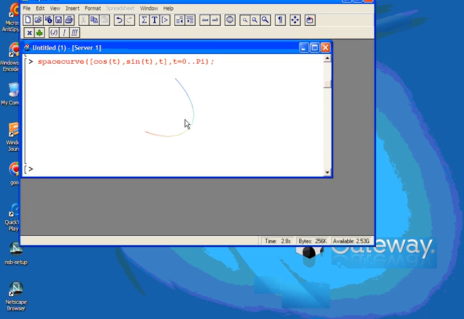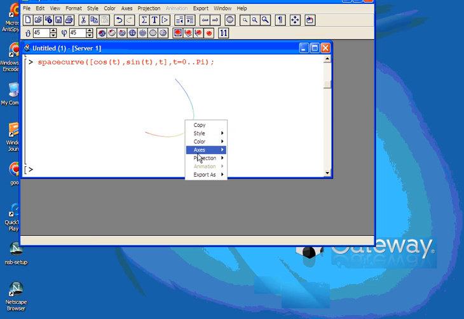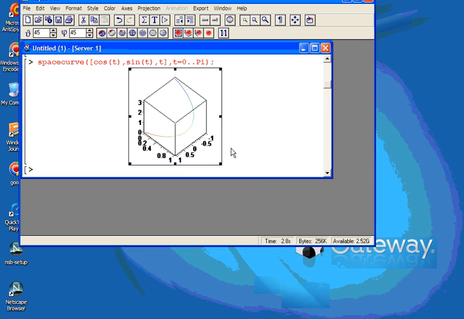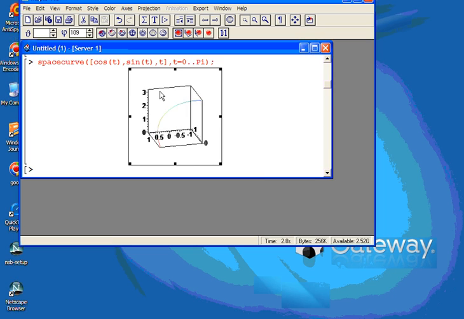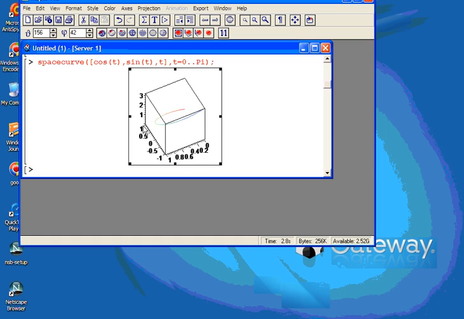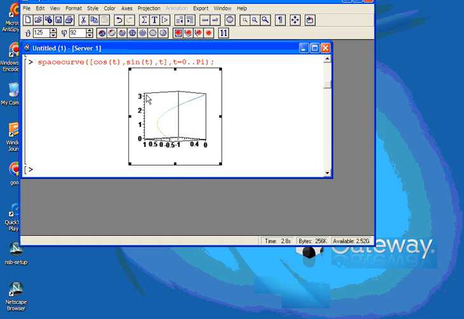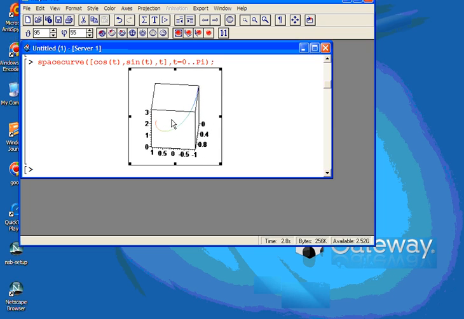And if we box it and turn it around, we can see it looks kind of like a parabola going from corner to corner. What we're doing is getting the length of this curve, so you can see it better in 3D. And so the length of that curve is square root of 2 pi.